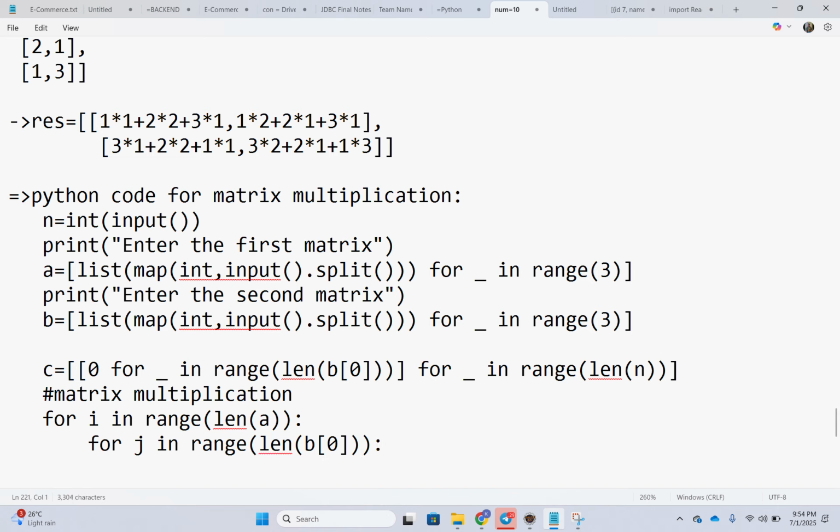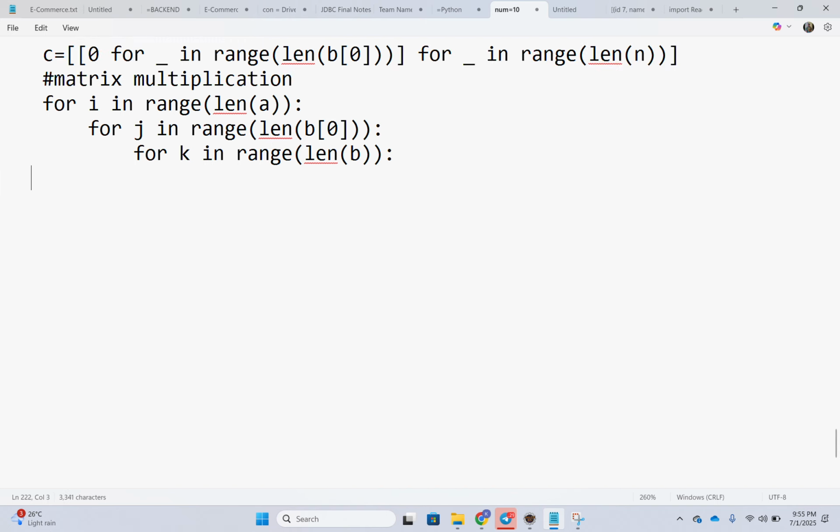Okay, so then I'm going to take these elements and add them, no? So for that, I'm going to consider b, I mean another loop, that is for k in range of the length of b, just the overall length of b.